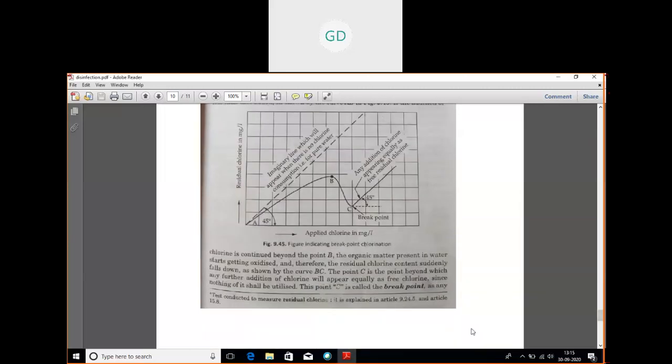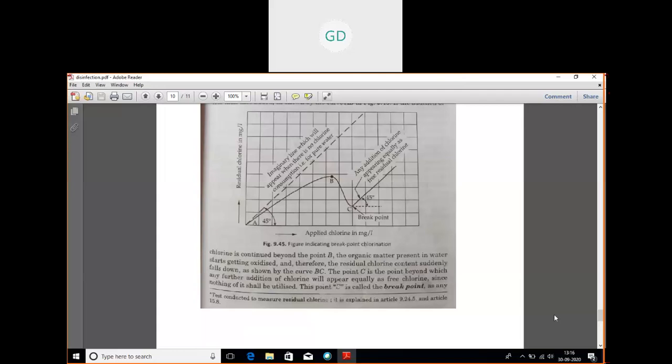What that curve suggests is that when chlorine continues to be applied beyond the point B, the organic matter present in the water starts getting oxidized, and the residual chlorine suddenly falls down.